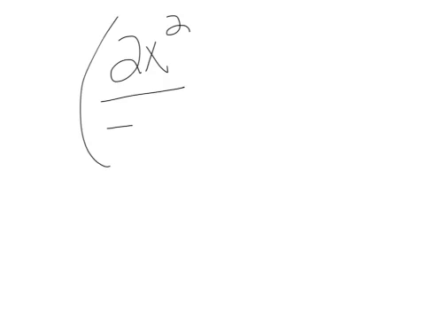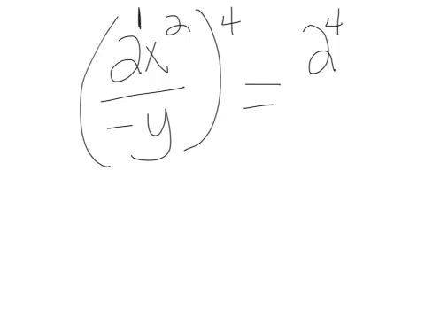Next example. We have 2x squared over negative y all to the 4th power. Remember from our other rules we had previously, we have to raise everything to the 4th power. And that 2 is 2 to the power of 1. So it becomes 2 to the 4th.